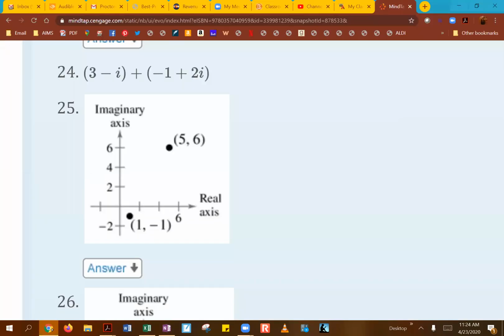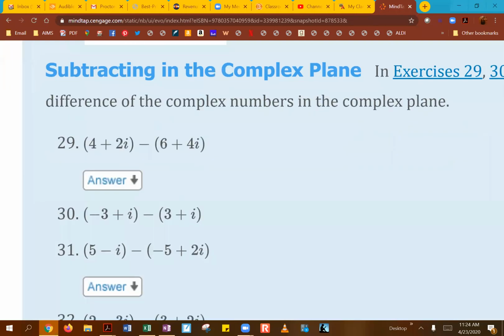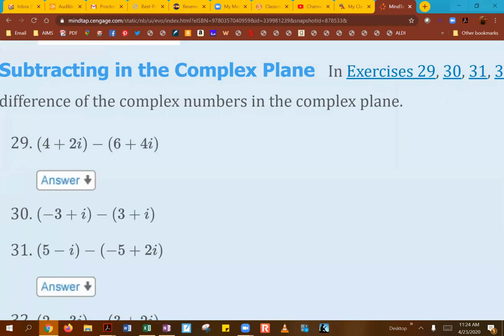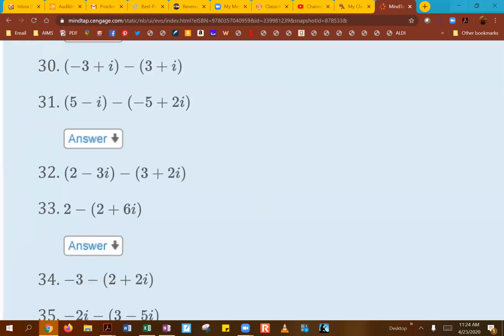Now let's look at our next one. This one is talking about finding the difference in the complex plane, and we are looking at number 30.